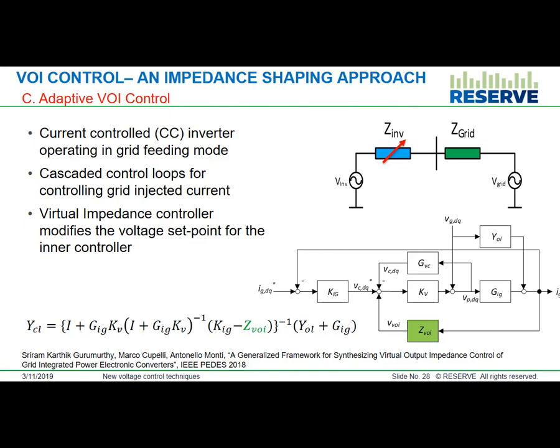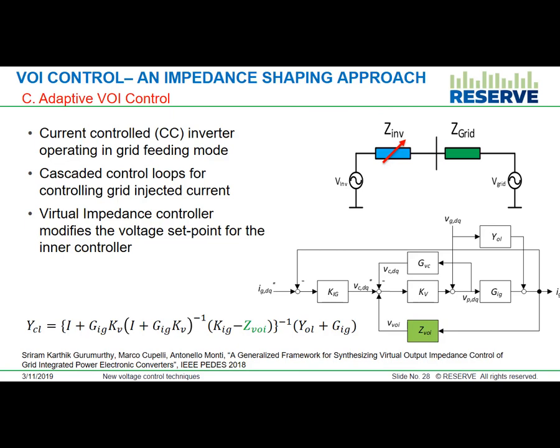And here you can see the presence of the VOI term that I introduced. If the VOI term is not there, then this term is 0 here. When the VOI term exists, you can see that it modifies the outer control transfer function. So basically it's controlling the dynamics.